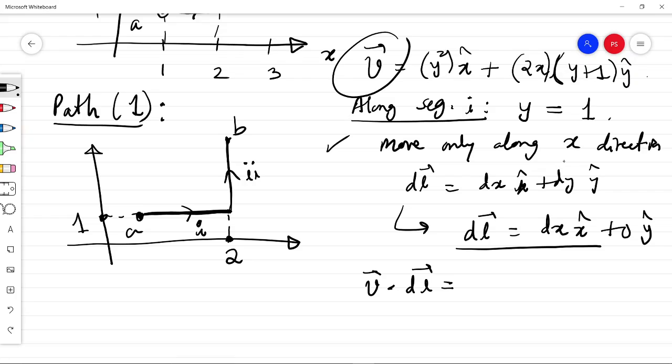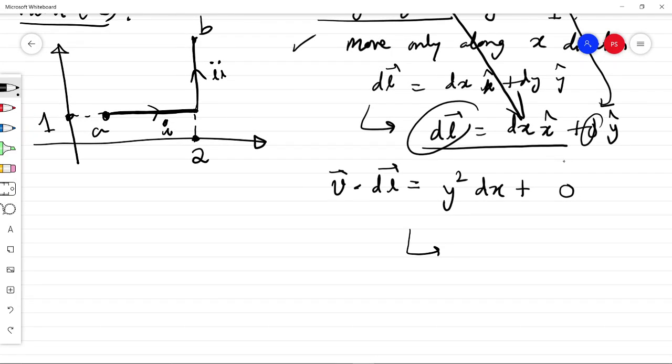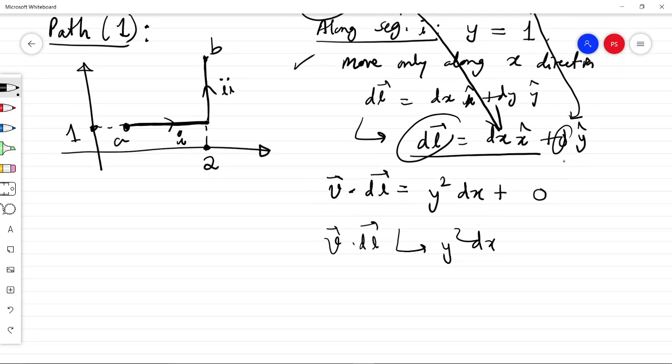So the dot product of this with this gives us y square into dx plus 0 into dy, anything. So let us just write it as 0. So what we have is y square dx as v bar dot dl bar for the first segment I.